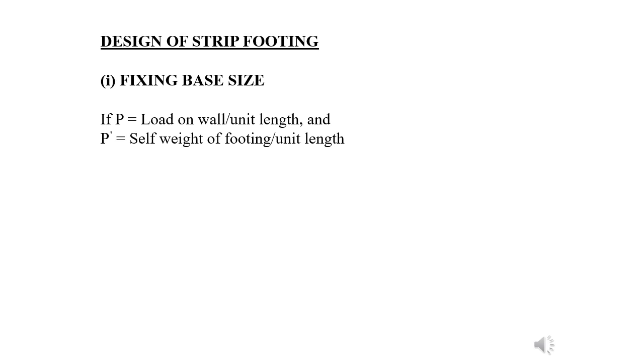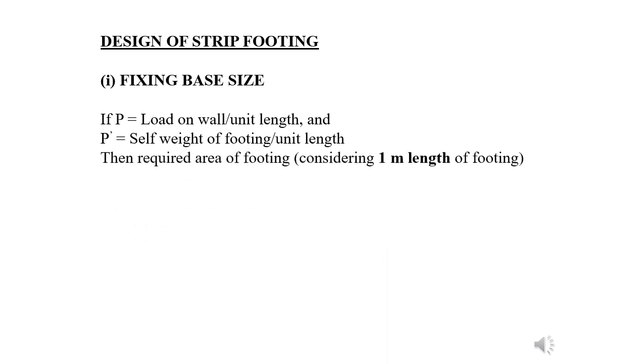So what we shall do? P plus P dash we shall take here. Then required area of the footing means what? How can we calculate the area of the footing? Area we can calculate as load by stress. You can see A is equal to (P plus P dash) by small p.